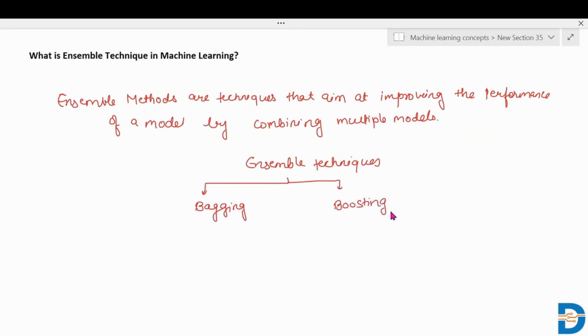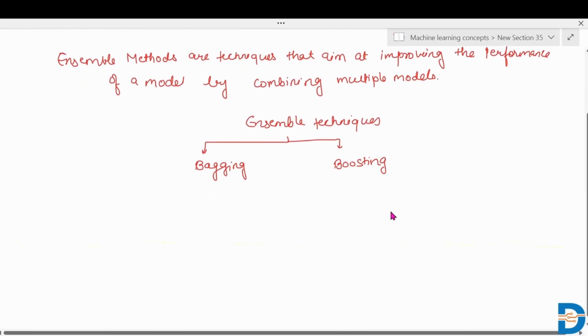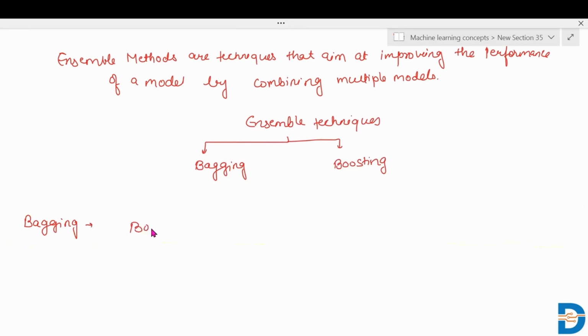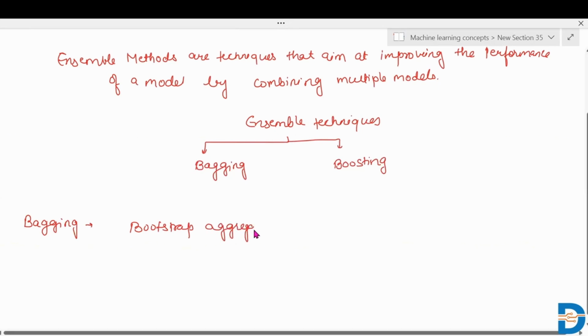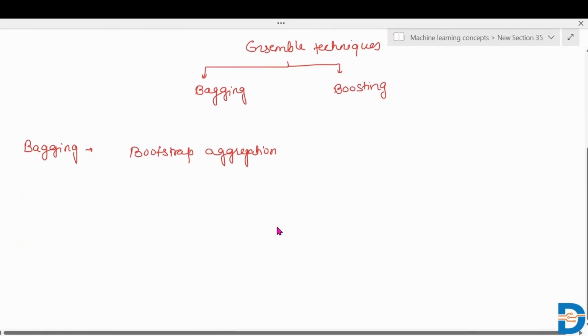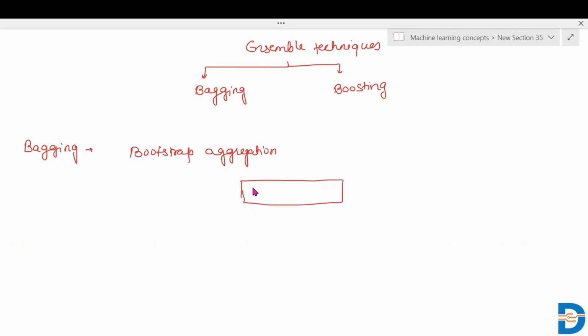So first let's understand what is bagging technique. Okay, so bagging is also known as bootstrap aggregation. So we'll understand with the diagram. Okay, so suppose we have one input data set.